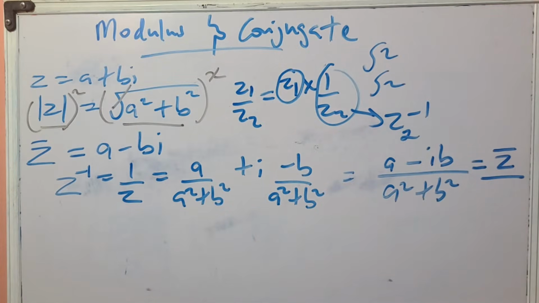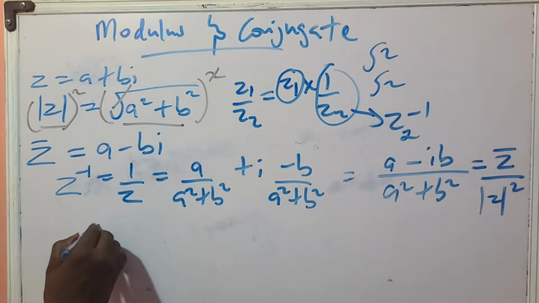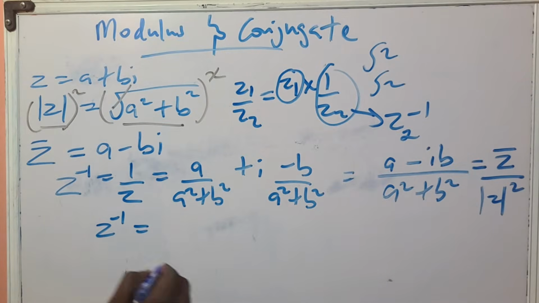This means that we can easily write this denominator as the modulus squared. Invariably, this means that our multiplicative inverse is the same thing as the conjugate over the square of the modulus.